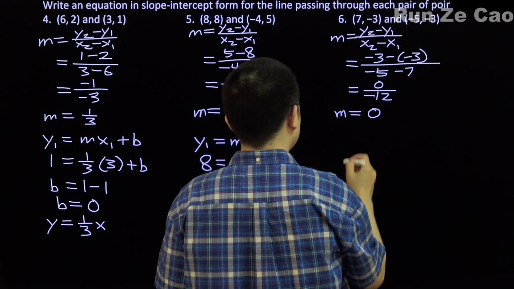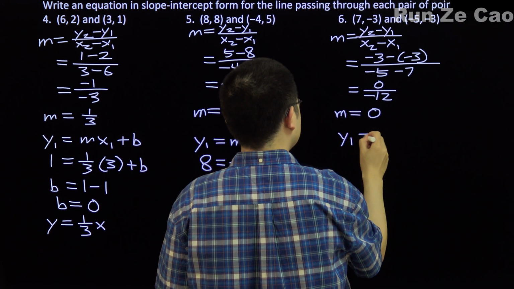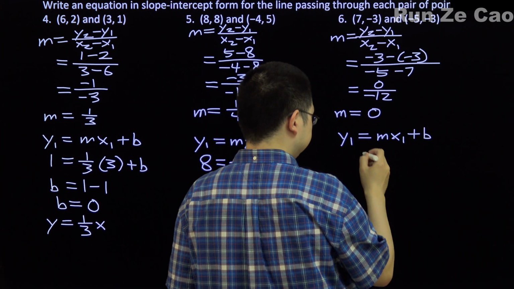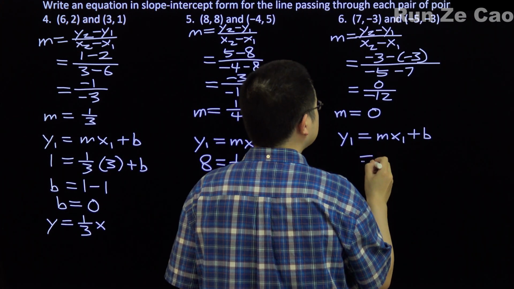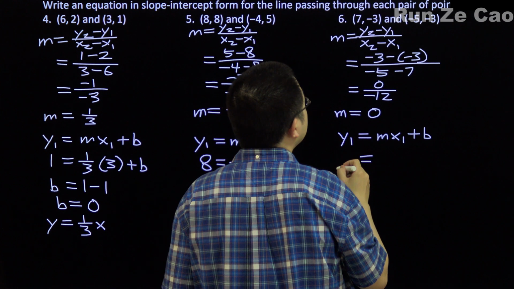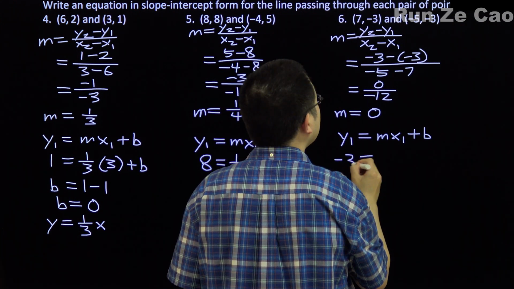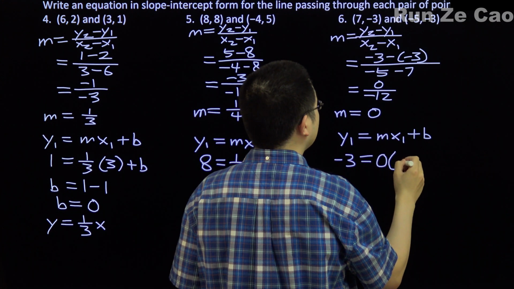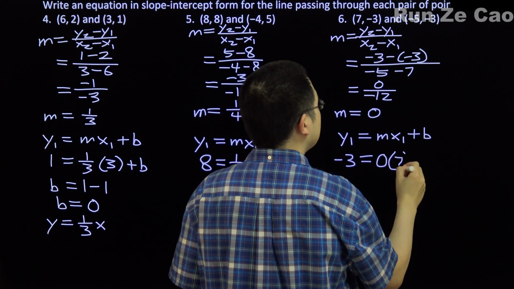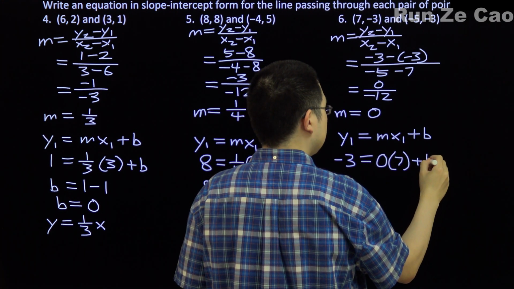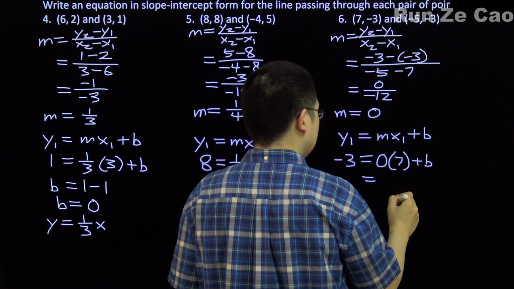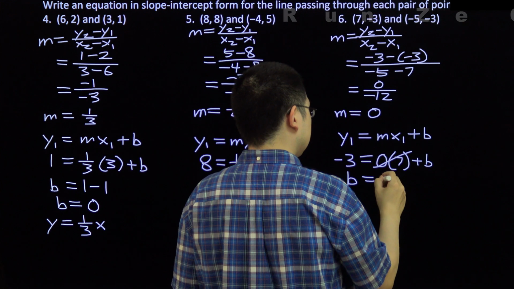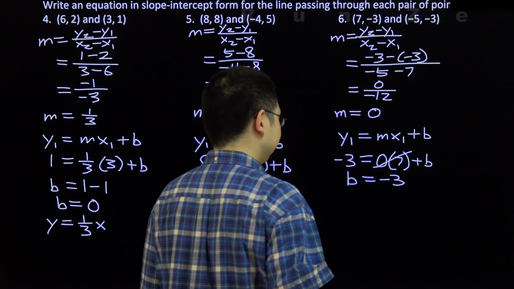The slope is 0. y1 is equal to mx1 plus b, and we substitute in. y1 is negative 3, which is equal to m, which is 0, times x1, which is 7, plus b. So this just kind of goes away, so b is equal to negative 3.